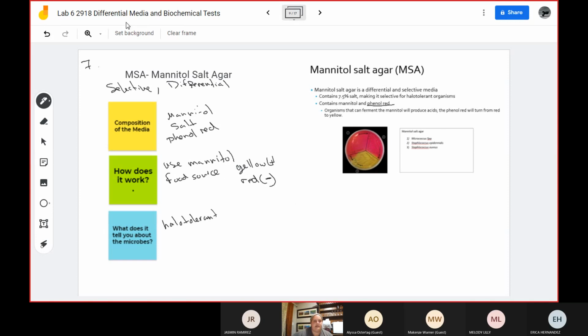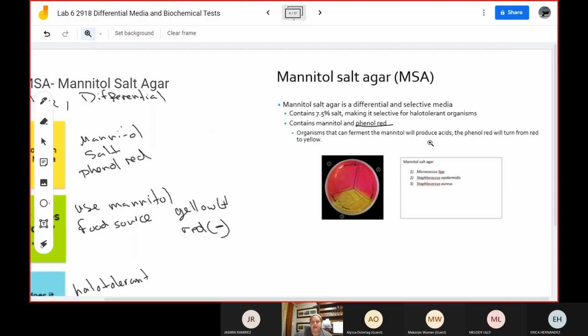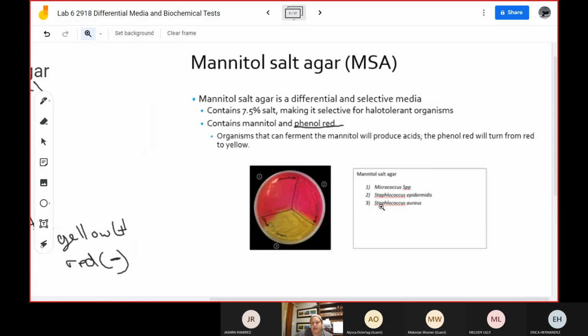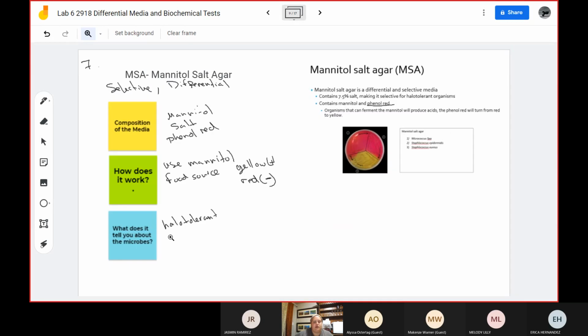So again, in this example of the slide I took from James's PowerPoint, you're looking at different types of Staphylococcus, which we were just talking about, for potential mannitol fermentation as well. So they ferment potentially lactose and mannitol. Actually, I don't think they ferment lactose.